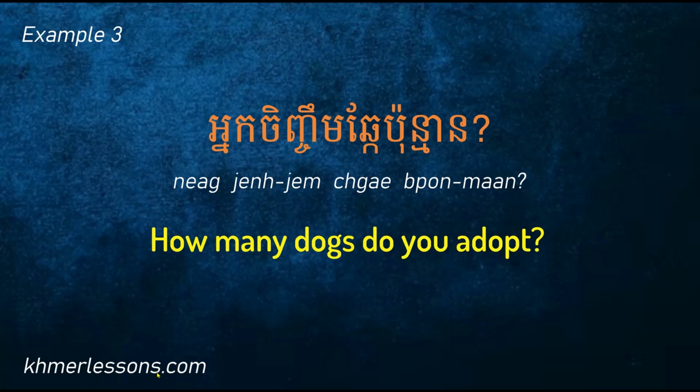So you say you adopt dog how many? Again, អ្នកចិញ្ចឹមឆ្កែប៉ុន្មាន. So this is how to use how many and number before thing, people and animal. You use it after those words.